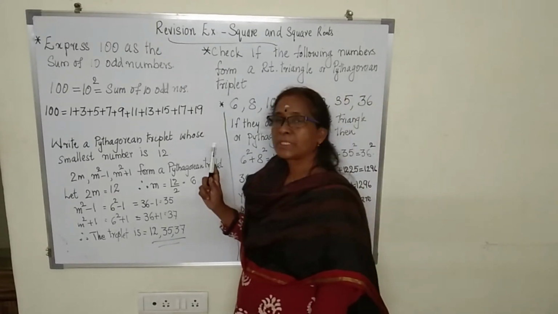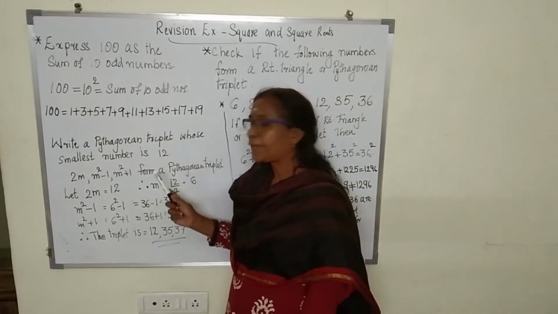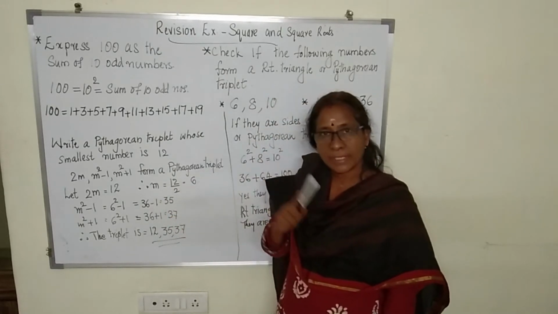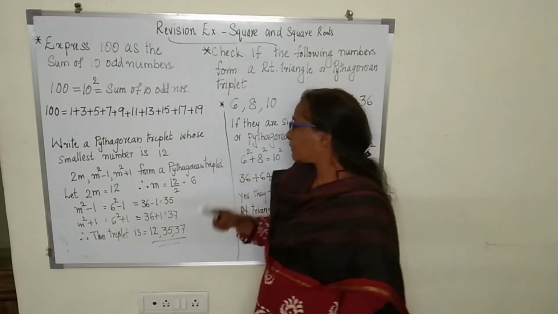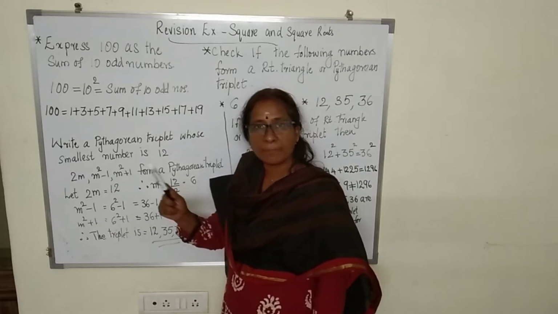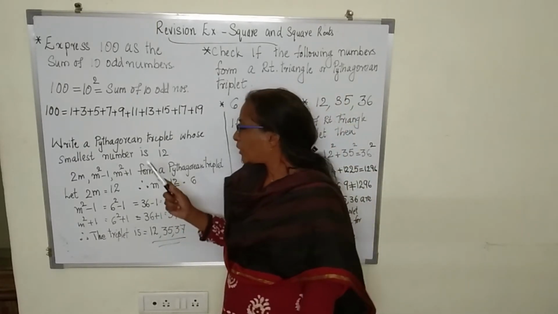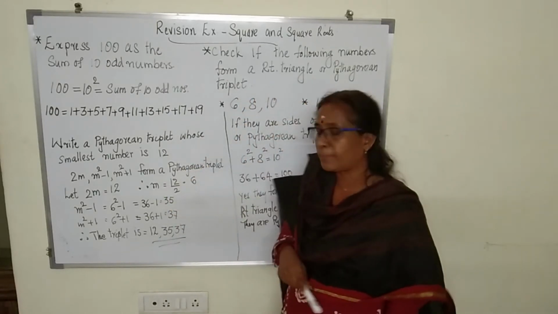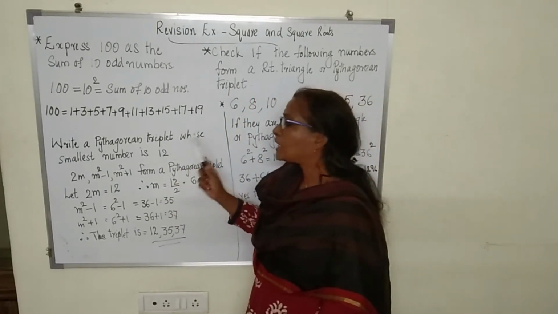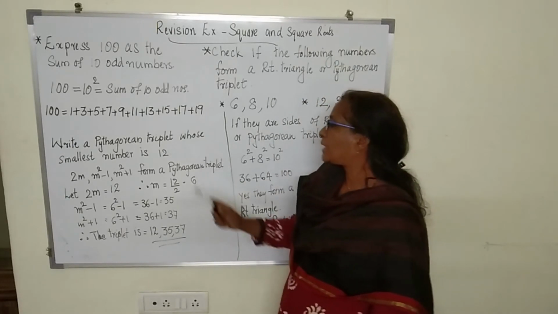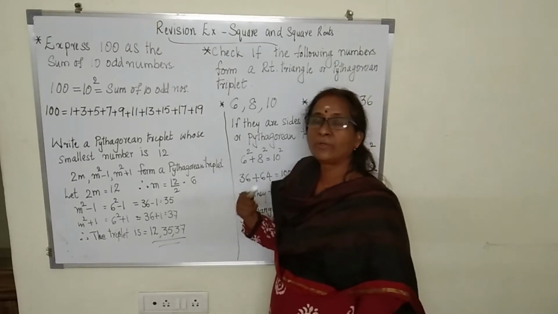If the sides of right triangles follow a particular pattern, similarly if 3 numbers follow the same pattern, then they will be called Pythagorean triplets.